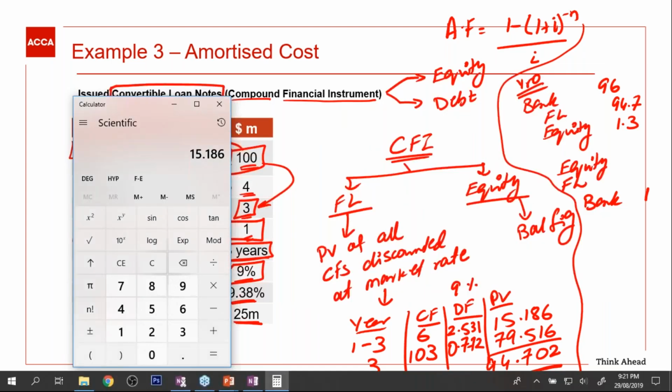So this means that if I check 94.7 divided by 96, this means liability is actually somewhere around 98.645% of the total. So multiplied by 1 will be the amount allocated to the liability, which is 0.99 approximately.